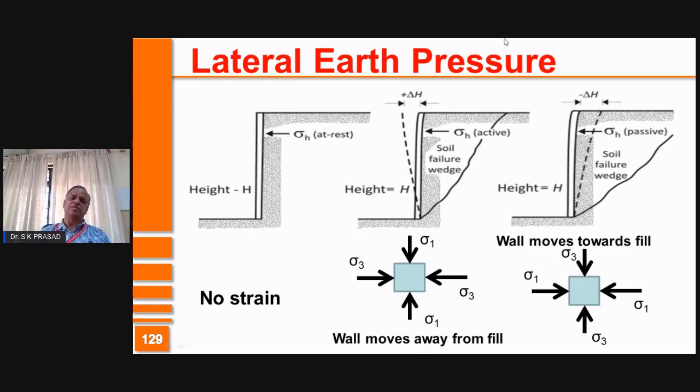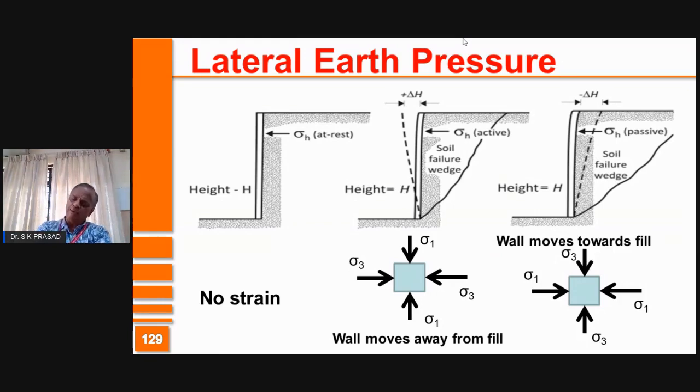The two extreme cases are mentioned here. One case is the active case, when the wall moves away from the backfill. And when the wall moves away from the backfill, you can see that the backfill soil also is likely to move along with the wall.